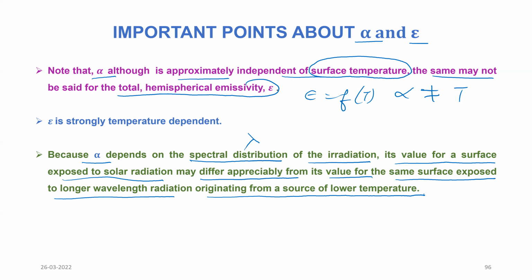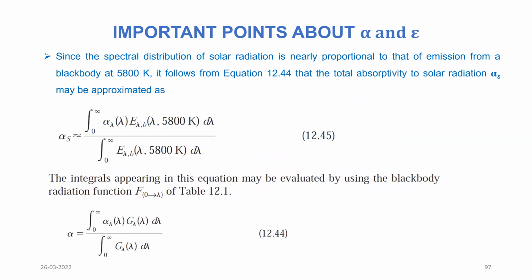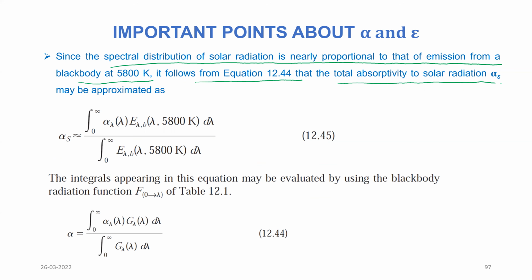Let us go further. I hope this is clear to you. Since the spectral distribution of solar radiation is nearly proportional to the emission from a black body at 5800 Kelvin, it follows from equation 12.44 that the total absorptivity to solar radiation, alpha S, may be approximated as the integral of alpha lambda E b lambda at a temperature of 5800 K, d lambda.